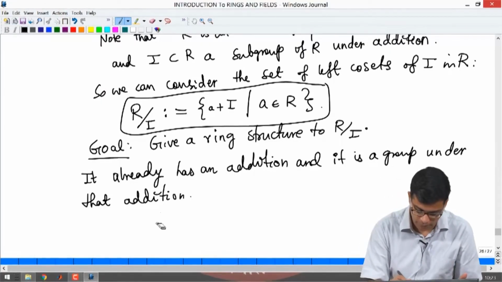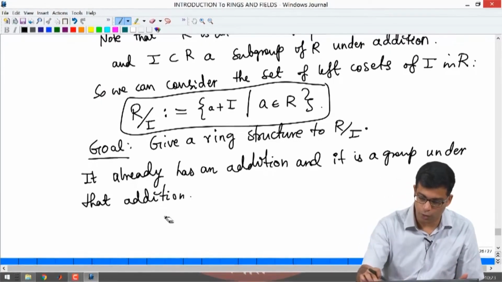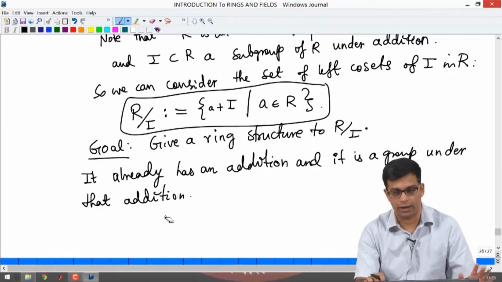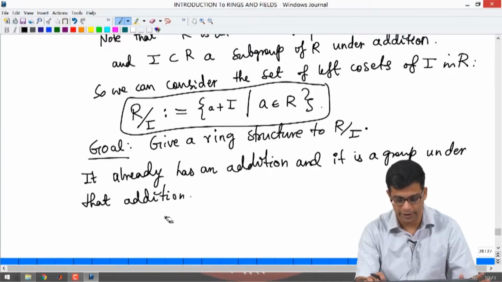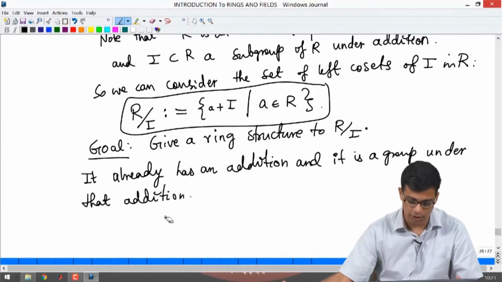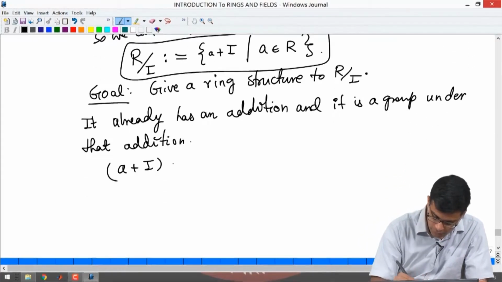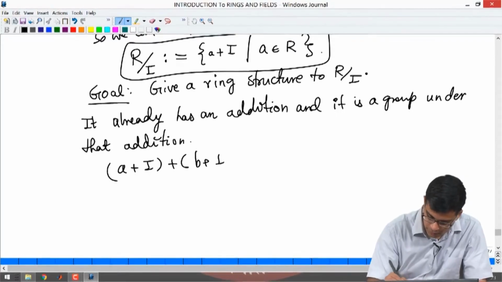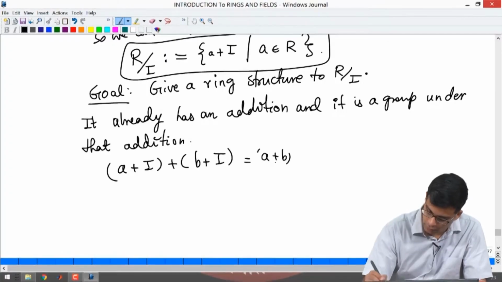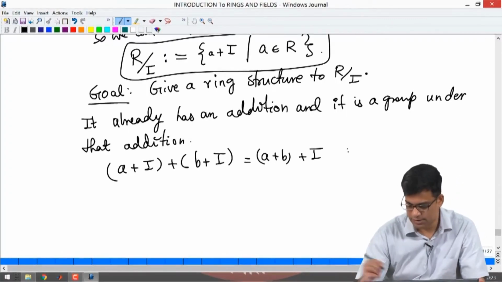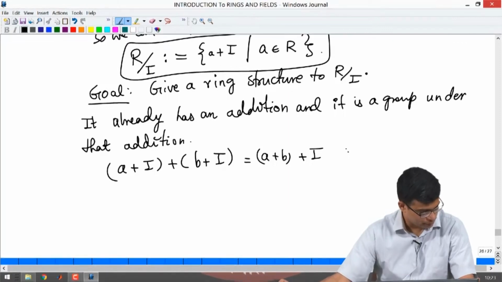So, a plus I. As I told you, when I define R mod I I do not refer to multiplication of I. So, how do I add two cosets? It is simply a plus I plus b plus I is a plus b plus I. So, under this R mod I is a group.